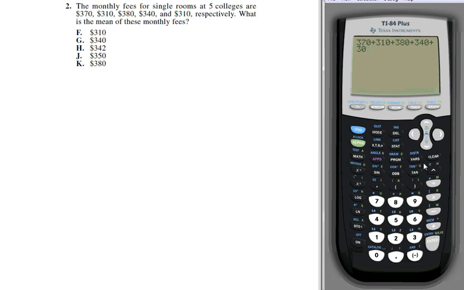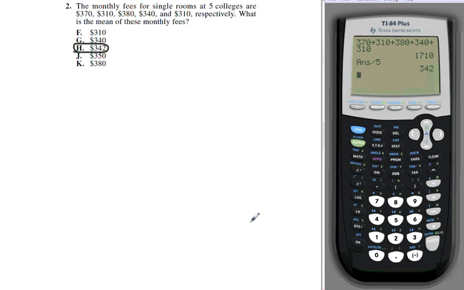We're going to divide that total by 5, and we get 342. So that's H. Now, you could approach this problem if you want to make it a little bit faster on the calculator. You could leave off the zeros and then just know that you're 1 decimal place off.